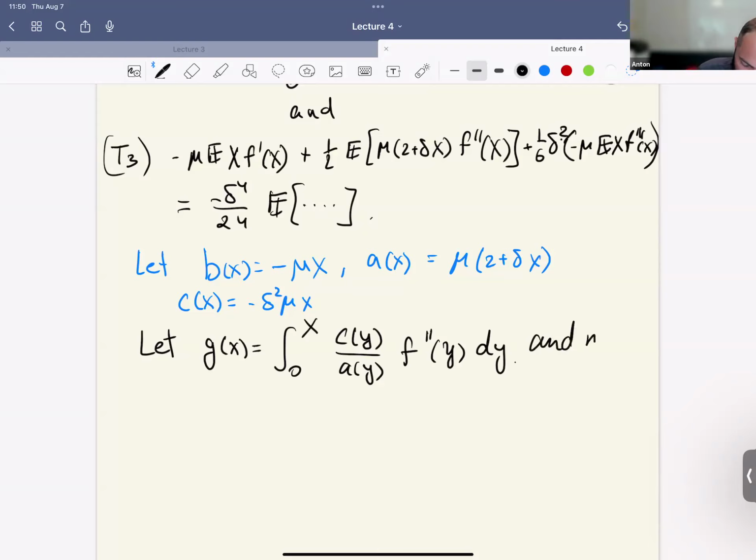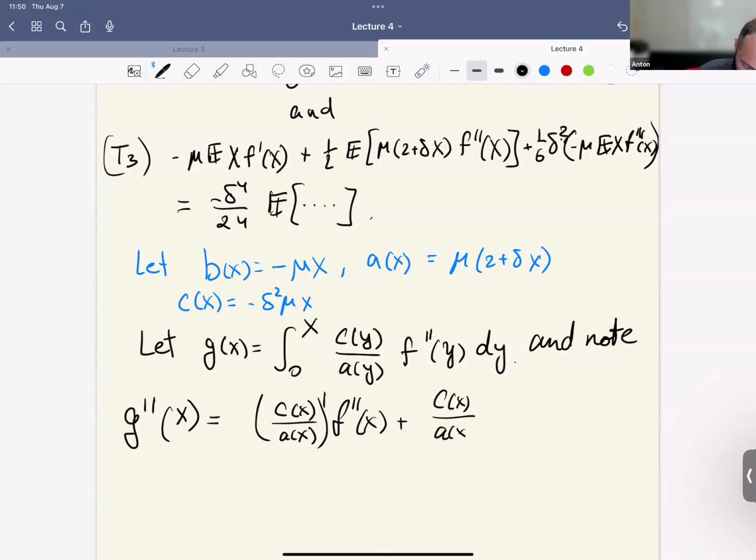And note that g prime is just the term in the integrand, right? g double prime is c of x over a of x prime and c of x over a of x, f triple prime.